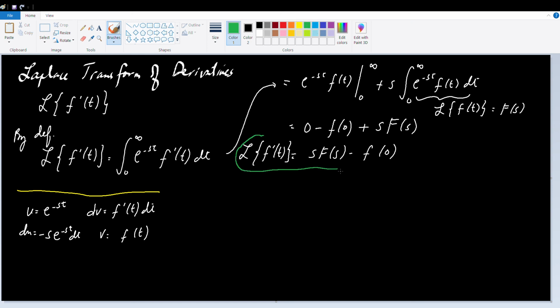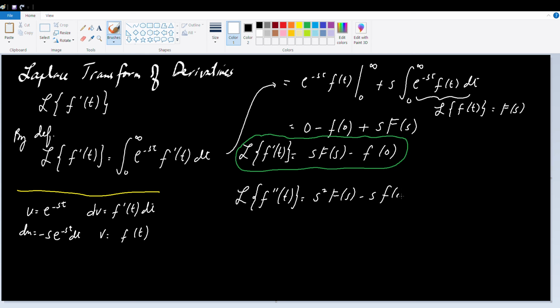At this point, we are only concerned with the notation of the Laplace transform of f prime of t. Similarly, the Laplace transform of the second derivative of f will be equal to s squared F of s minus s f of 0 minus f prime of 0.